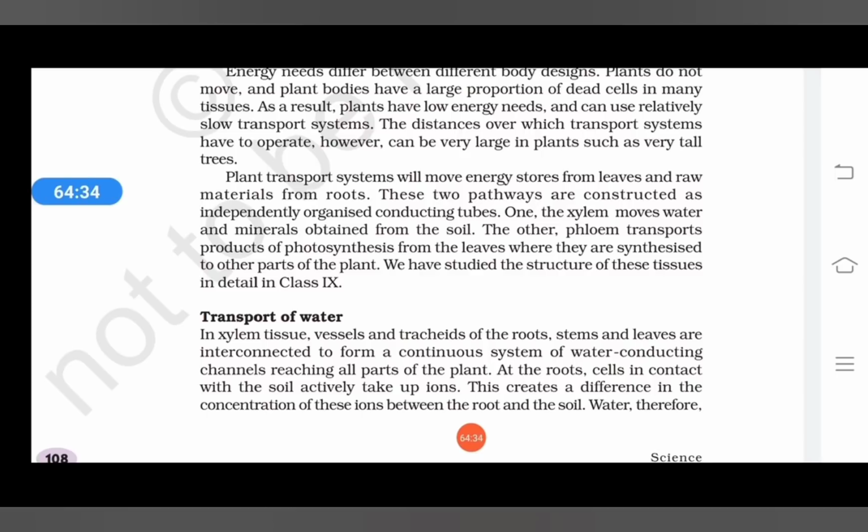Just as we saw in the diagram of the leaves, xylem and phloem. So here xylem plays the role in transportation. It transports the water and minerals obtained from the soil, and phloem transports the products of photosynthesis.